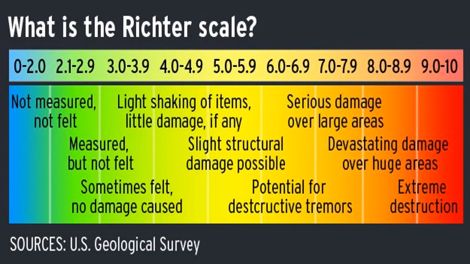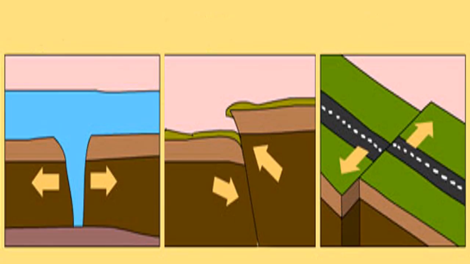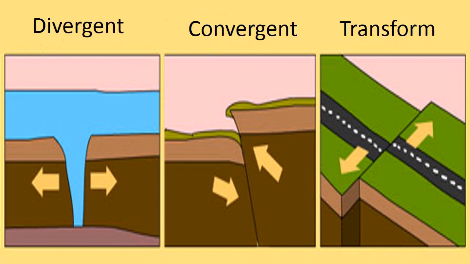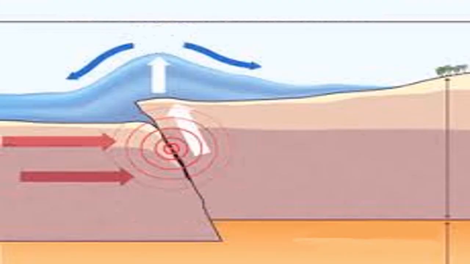According to the Richter scale, the increase in the magnitude of the earthquake increases the amount of damage. Earthquakes result in different movement of plate boundaries: divergent, convergent, and transform. When earthquakes occur near the sea, seismic waves will be forced out of the seawater and result in tsunamis.